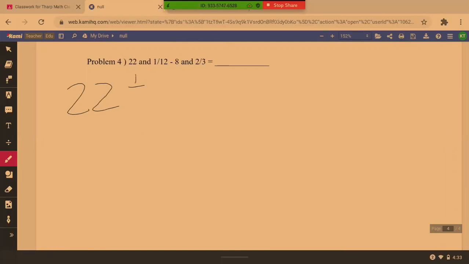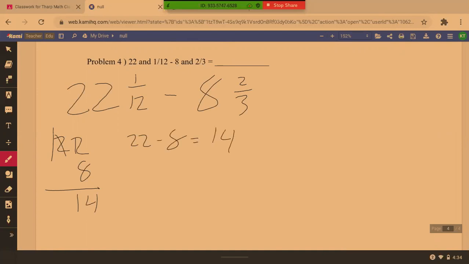22 and 1/12 minus 8 and 2/3. So let's focus on the whole numbers. So 22 minus 8 equals 14. And now we're going to do 1/12 minus 2/3.